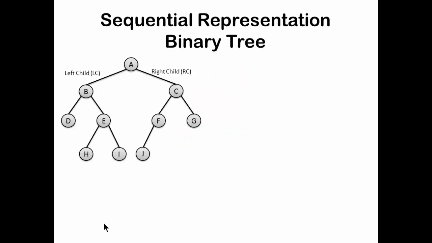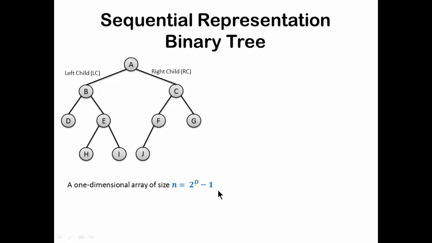If I am representing my binary tree as an array, in array representation again this formula comes into the picture. If I have a tree of depth 4, then the maximum number of nodes that it can have is given by this formula. So for depth 4 we can have 2 raised to the power 4, which is 16, minus 1, so 15 nodes.